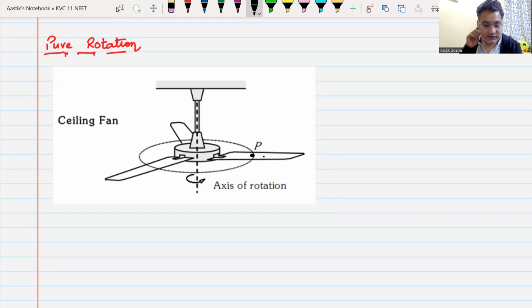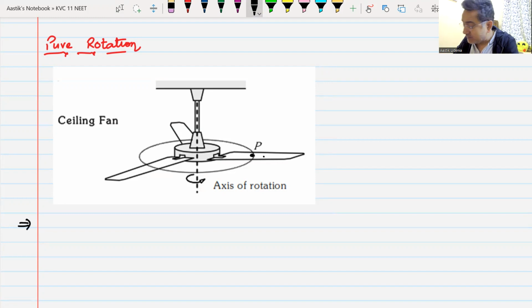How does this point move? It moves in a circular path. And that is how you can understand pure rotational motion. So you can understand pure rotational motion in terms of our old counterpart, our old friend, circular motion.